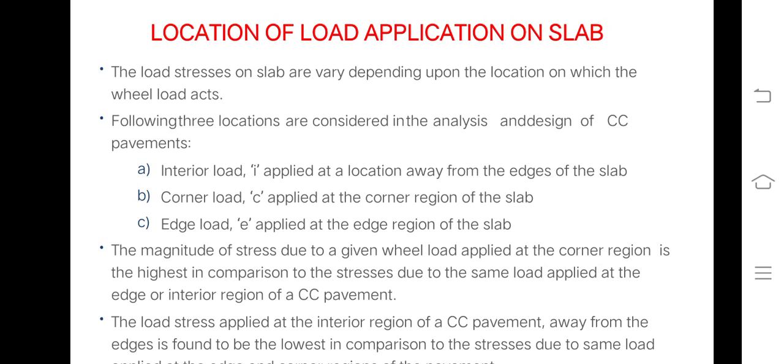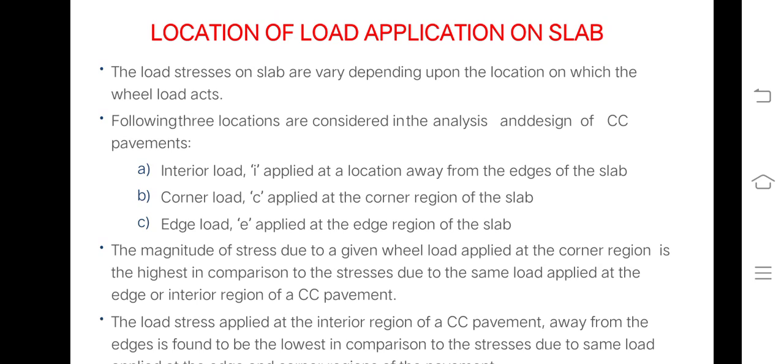The magnitude of stress due to a given wheel load applied at the corner region is highest in comparison to the stresses due to the same load applied at the edges or interior region of a cement concrete pavement. You can see that this is a common thing.